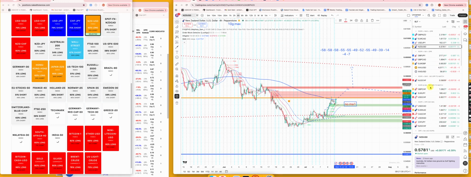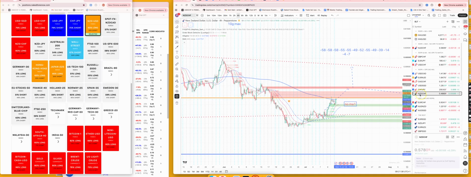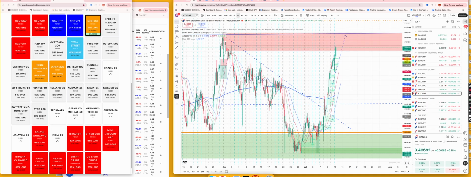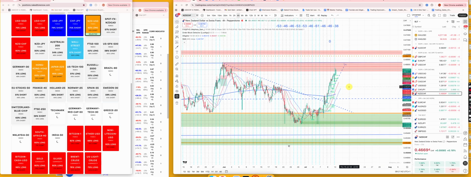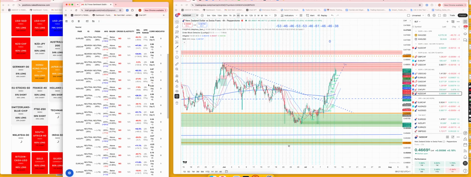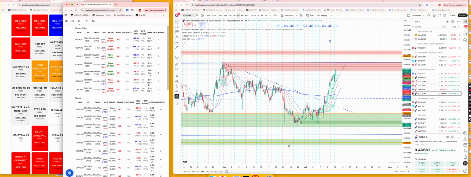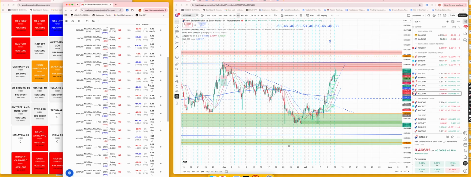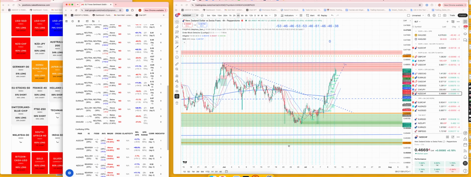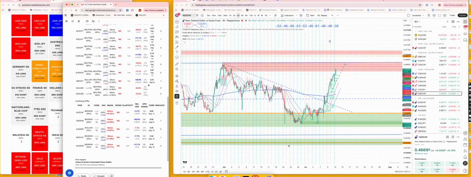Kiwi Swiss. Okay, we're pretty much adhering to our line that we drew last week. Interesting. Let's just have a look at the numbers. Now, if I remember rightly, there we go, plus 7.